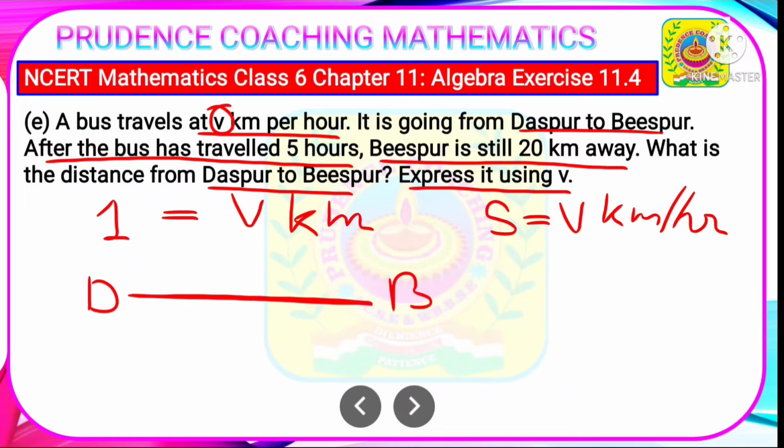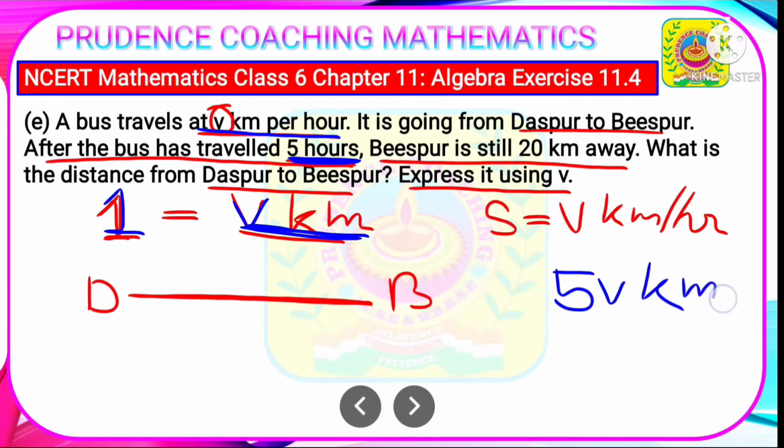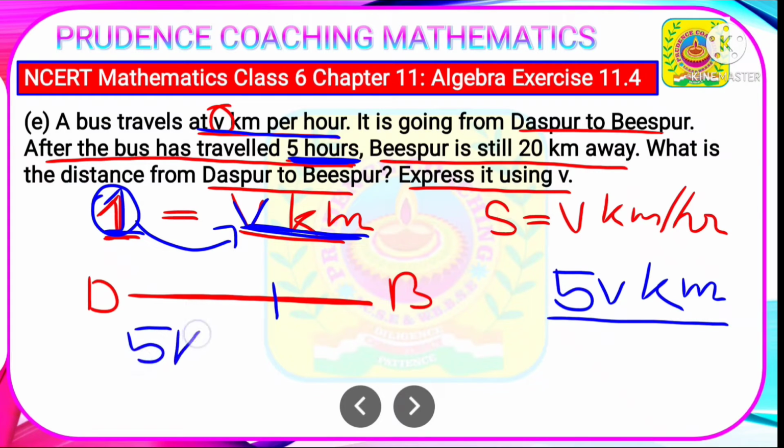That is the distance between Daspur and Bispur. When in a single hour the bus is traveling v kilometer and it has already traveled 5 hours, so in 5 hours how much distance will the bus cover? That is 5 into v kilometer, that is 5v kilometer. So using the unitary method we have calculated that in 1 hour if it travels v kilometer, then in 5 hours it will travel 5v kilometer. So this much distance is covered by the bus, that is 5v kilometer.